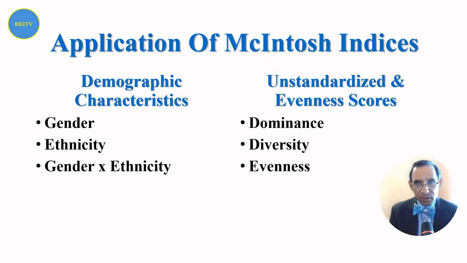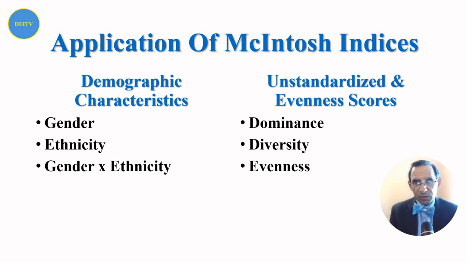So now that the McIntosh similarity index and diversity indices were presented, I'm going to apply the McIntosh indices to the gender data that was covered in episode 1 and episode 2, as well as to the ethnic data and the gender by ethnicity data, and also to the revenue data that was presented in episode 1 and episode 2, and that's to be consistent across all the episodes.